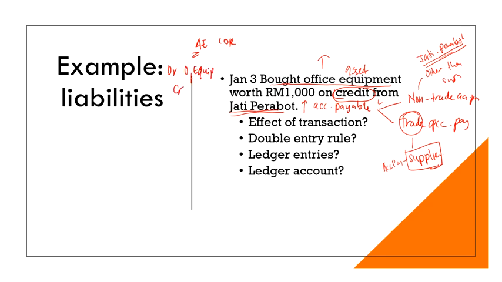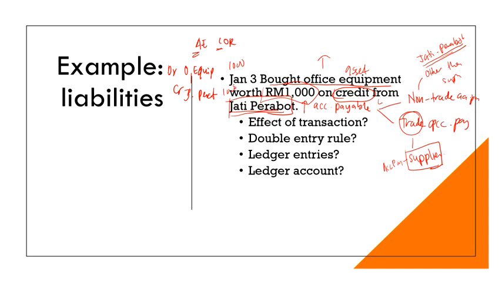And then you credit you punya Jati Prabut, because Jati Prabut is your liability. When liability increase, it's on your credit side. So Jati Prabut, how much? By 1,000 ringgit.